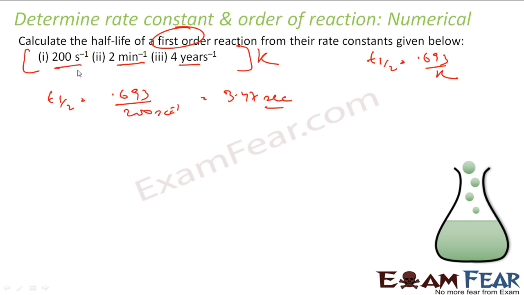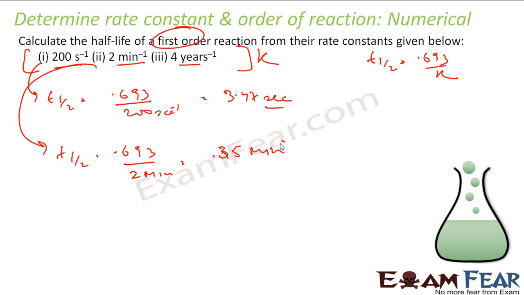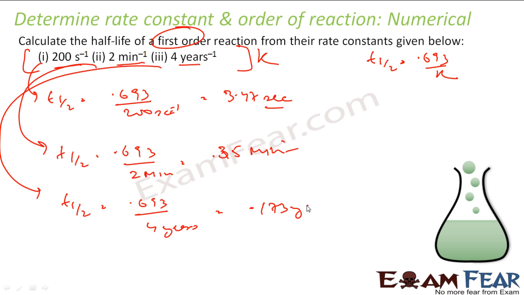Similarly for the second, K is 2 per minute, T half is 0.693/2, which is 0.35 minute. If you want, you can convert it to seconds. Similarly for years, same thing: 0.693/4 per year, which is 0.173 years. Since we know it's first order, just use this simple formula and get the answer.